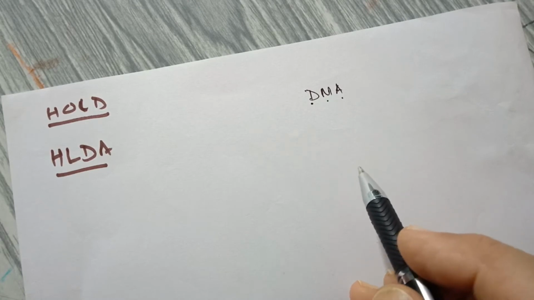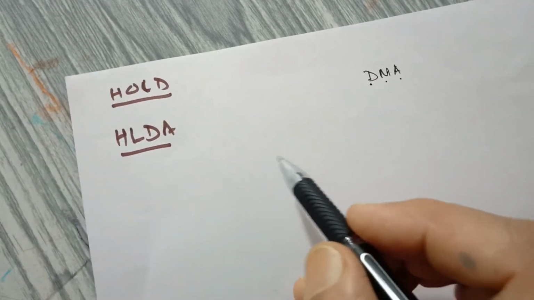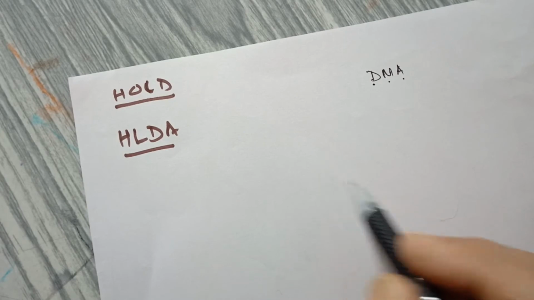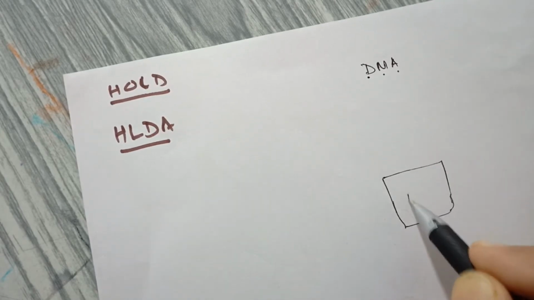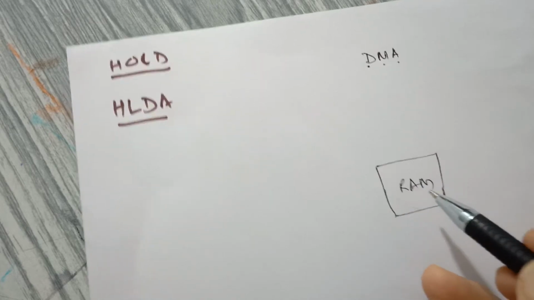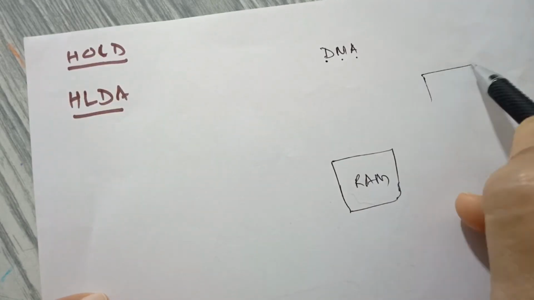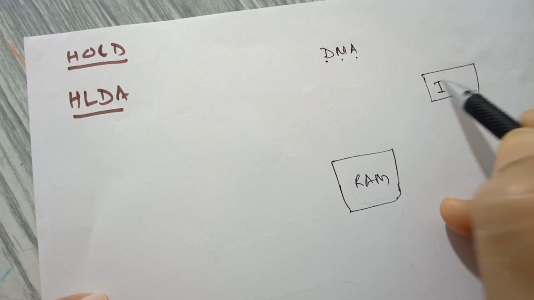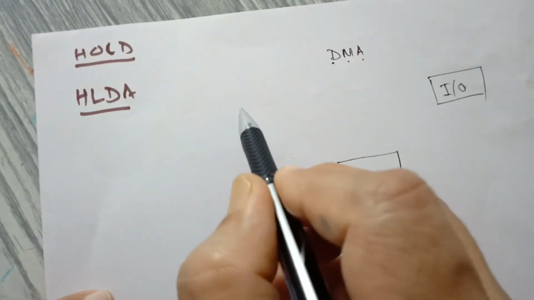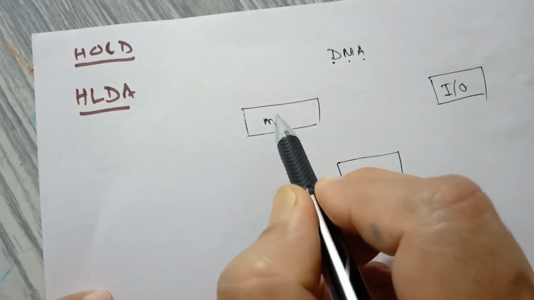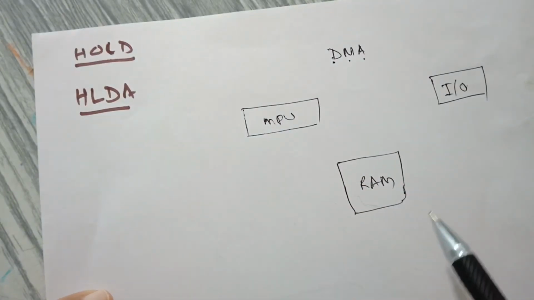In microprocessor controlled data transmission, we have a lot of data in RAM, and you may have some input IO device like a hard disk, right? And we have the microprocessor unit, right?